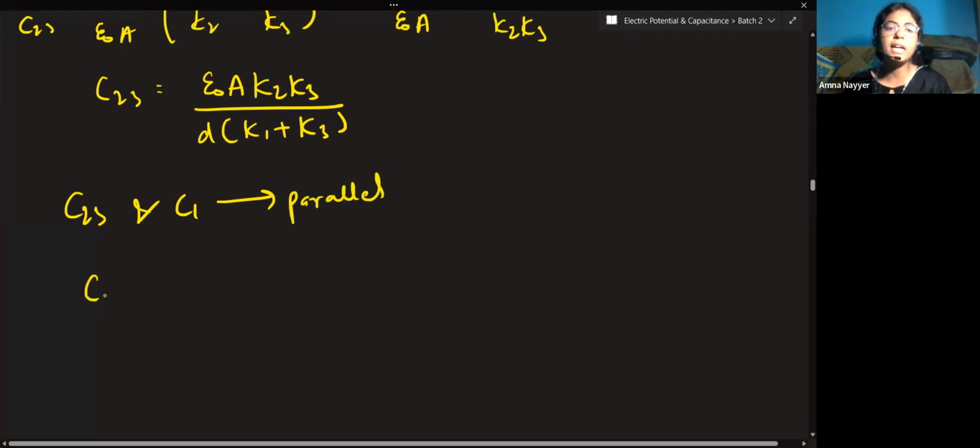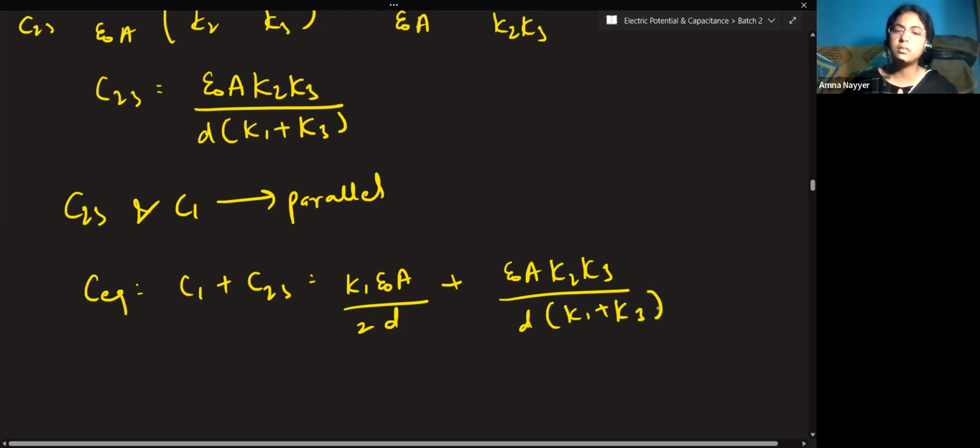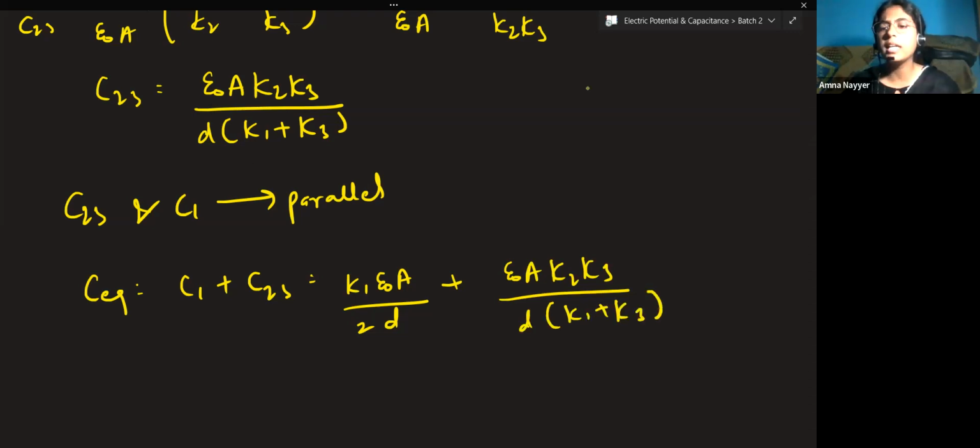So you have to simply add it. The C equivalent will be C1 plus C23. C1 is K1 epsilon naught A by 2D, plus C23, which is epsilon naught A, K2, K3, by D, K2 plus K3. This is your answer.